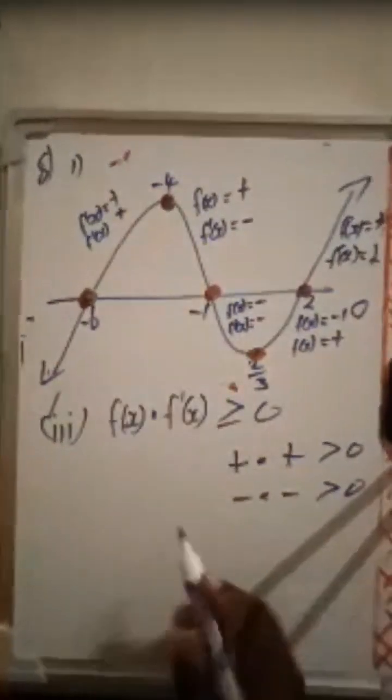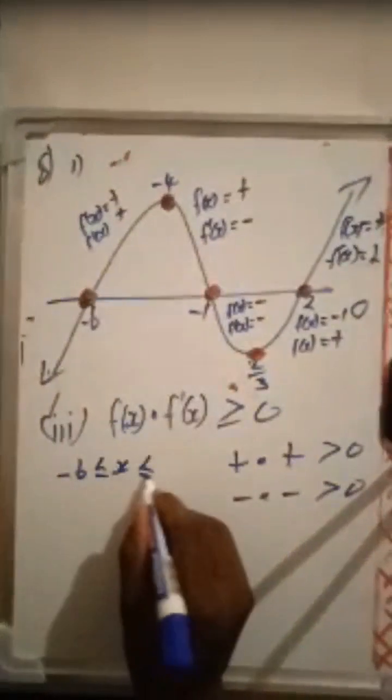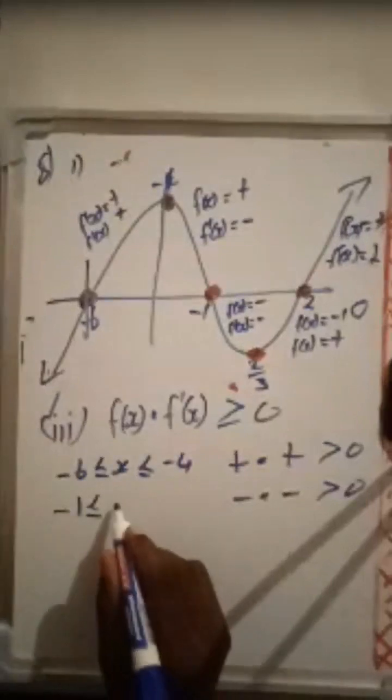So that part is going to be -6 less or equals to x less or equals to -4, because it's between these two. That part again is going to be -1 less or equals to x less or equals to 2 over 3, because it's between two regions, which is that one and that one.